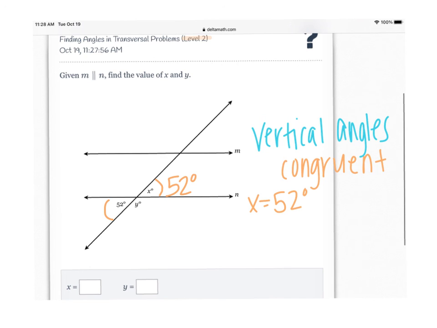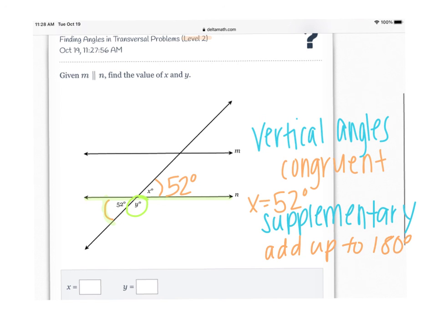Now to find the value of Y, I'm going to use what I know about angles and see how they form a straight line right here. We have a linear pair or supplementary angles. So angle Y and this 52 are supplementary. This means that those 2 angles add up to 180.